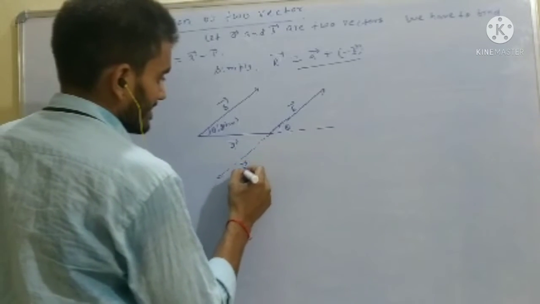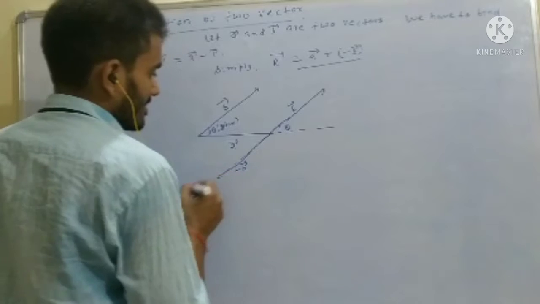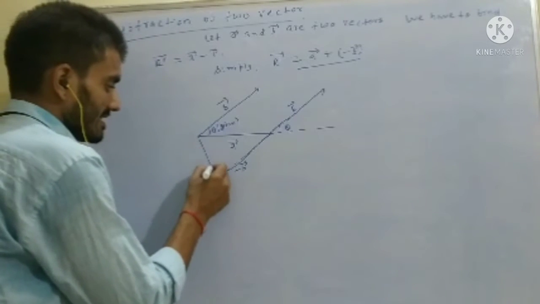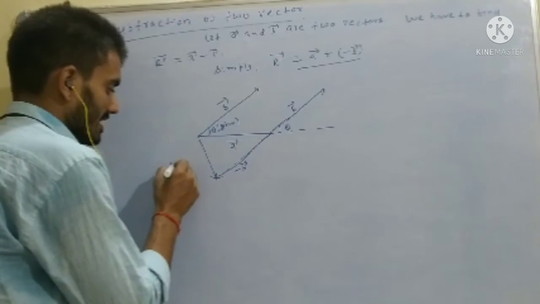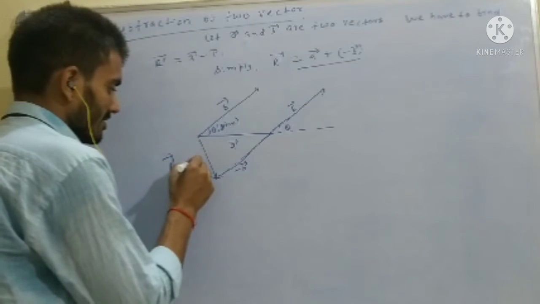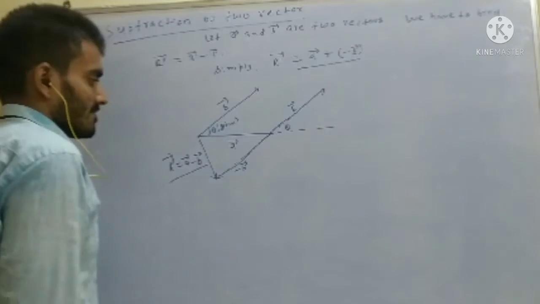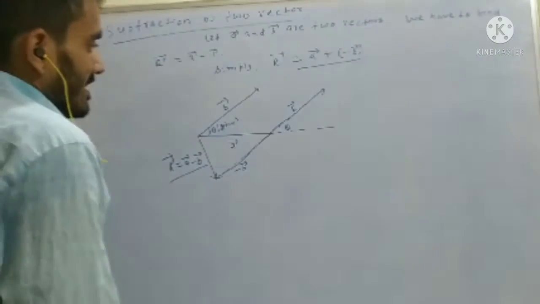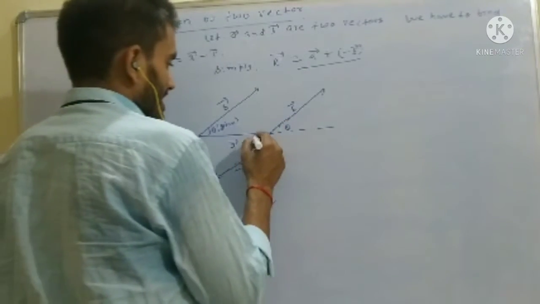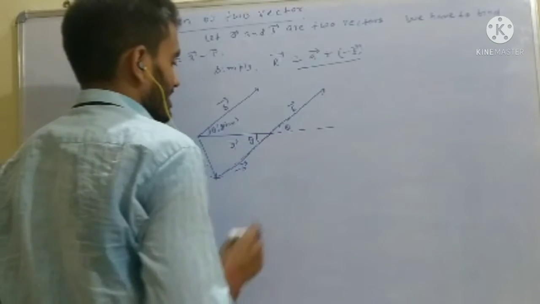This is vector minus B. And this is the resultant r dash vector, A minus B. This angle is theta, so this angle is also theta.